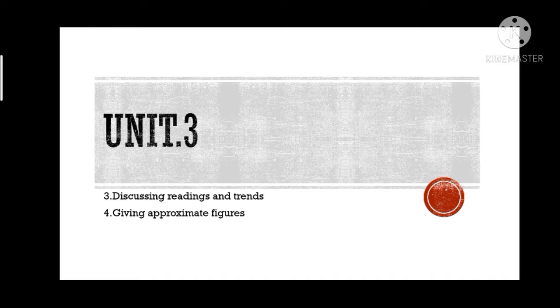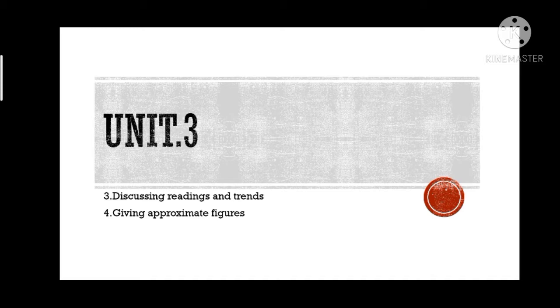Of course readings differ، القراءات اللي احنا بنقرأها بتختلف، فاتجاه الاختلاف ده بقى ايه؟ هل القراءات اللي بتختلف دي اتجاهها انها بتختلف نزولا ولا صعودا؟ This is the meaning of readings and trends. This is what we are going to discuss.